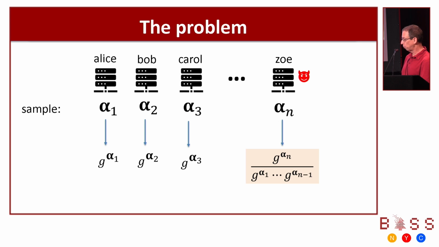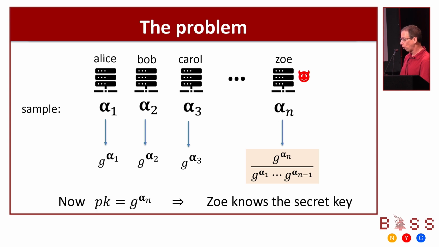Now look what happens when we multiply all the public values from all the participants, as the protocol says. The contributions from the first n-1 parties cancel out, and we are left with a public key equal to g to the alpha n, which means that Zoe knows the secret key, which is not what we wanted.